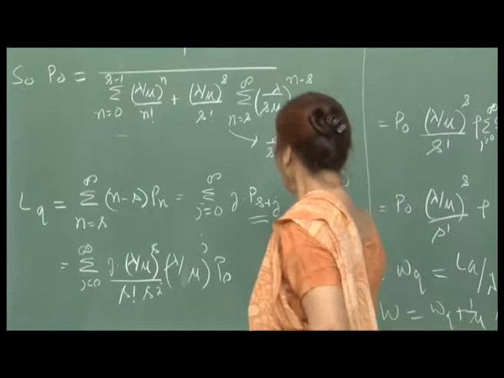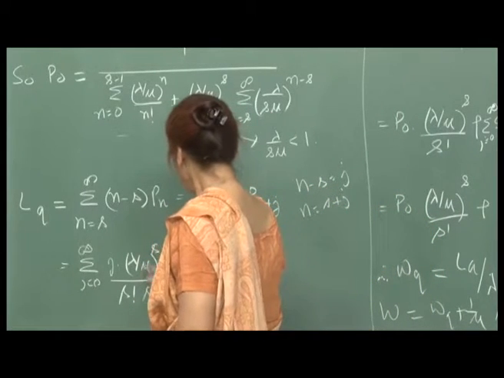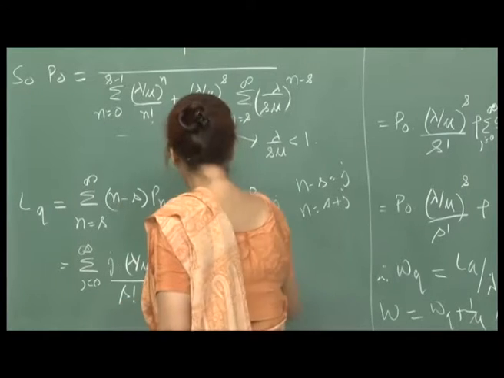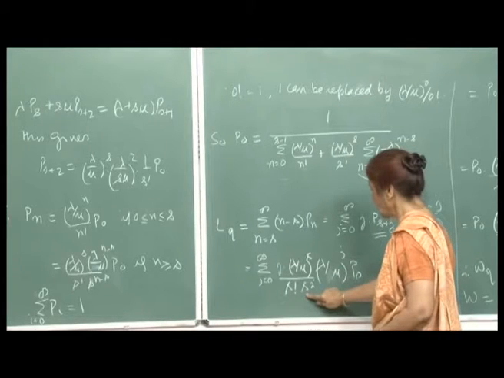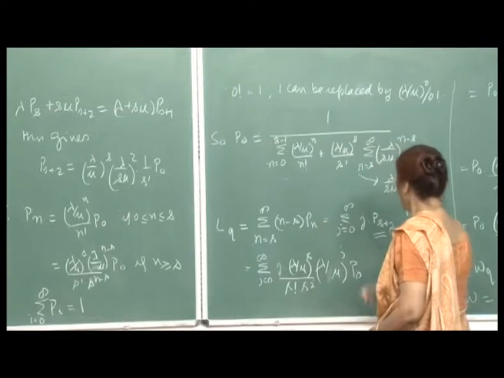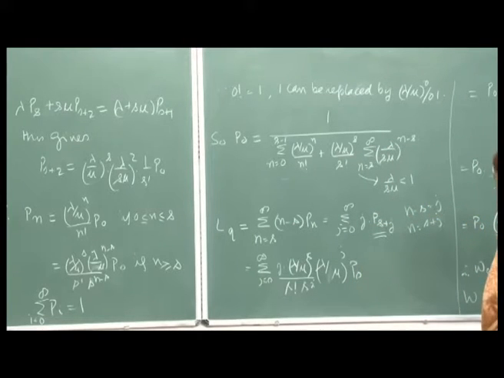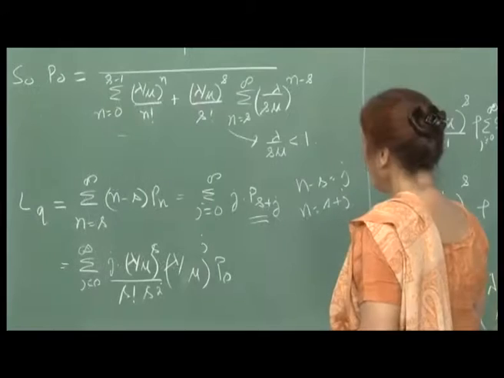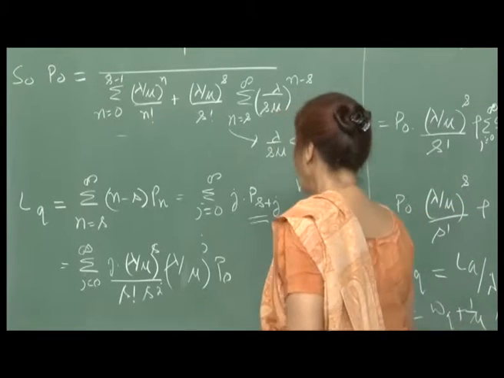Here the s part is lambda by mu raised to s upon s factorial, and then for the j, this will be lambda by mu raised to j upon s raised to j, and this j is there because n minus s. So, you are computing LQ, the expected number of people in the queue, and this is p 0.